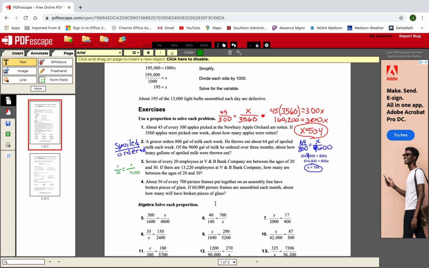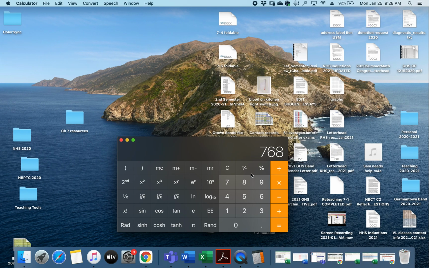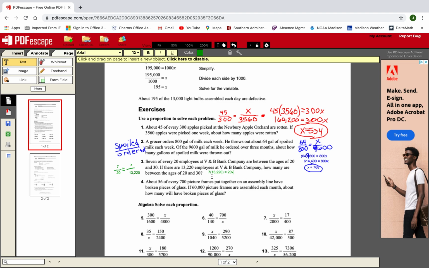So when I cross multiply, I have 7 times 13,220 equals 20x. So 7 times 13,220 gives us 92,540. 92,540 equals 20x.